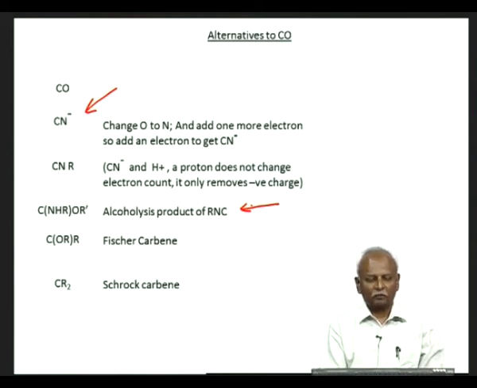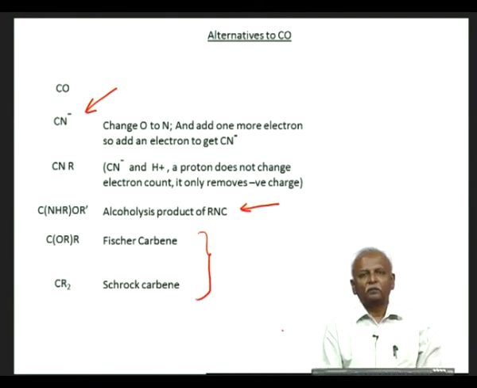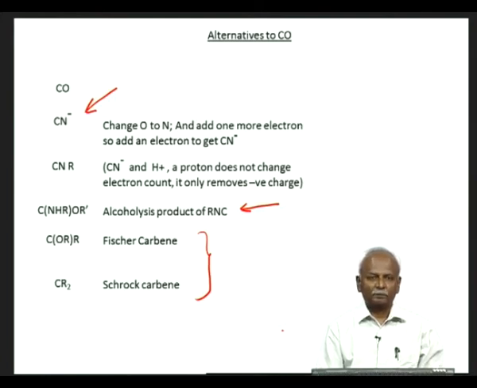This also led us to the discussion of carbenes, because once you have this carbon which is bonded to the metal and it is flanked by a heteroatom, then it is called a Fischer carbene. If it has just got two alkyl groups, it is called a Schrock carbene. So, we realize that replacement of oxygen by various substituents or other elements is a profitable exercise. It leads us to some very good chemistry.